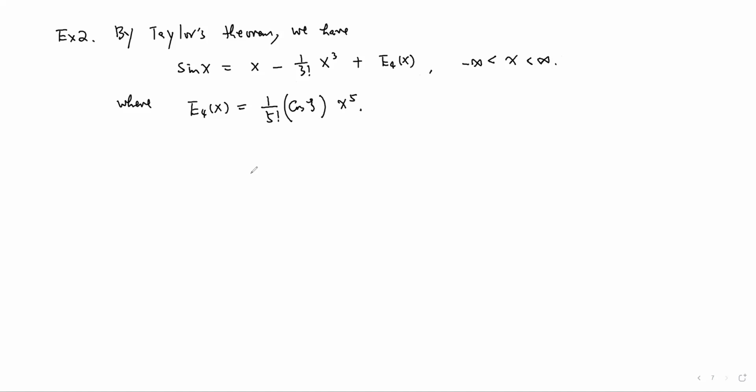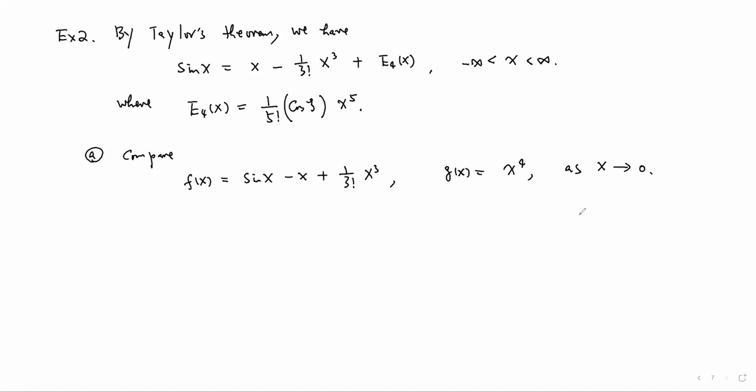Now, in this example, I compare function f, sine x minus x plus 1 over 3 factorial x cubed, to function g, which is x to the 4th. As x, very important, specify which point x is approaching. Okay, approaches 0.